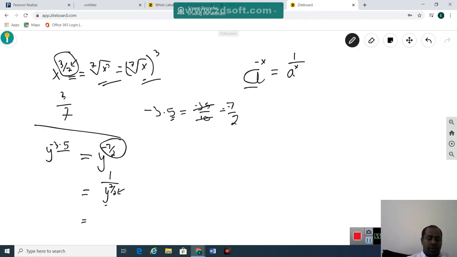Usually if the denominator is 2, we don't have to write the index of 2. So simply I can say 1 over the square root of y to the power of 7. If you write 2, there is no problem, but in most cases, we don't have to write the index 2.